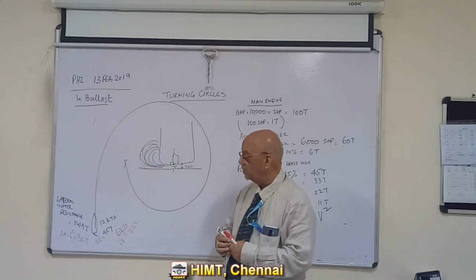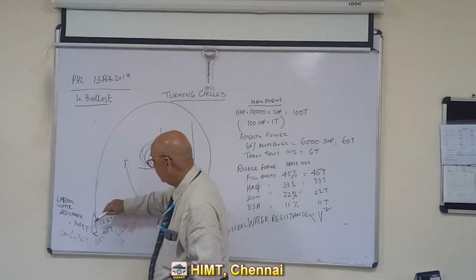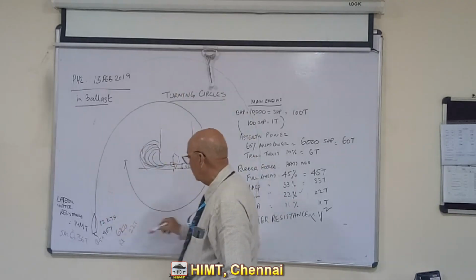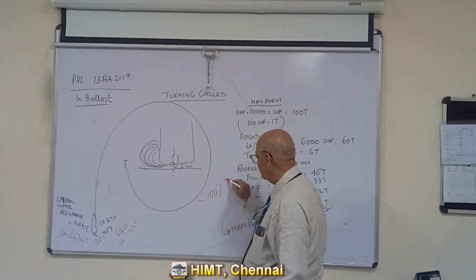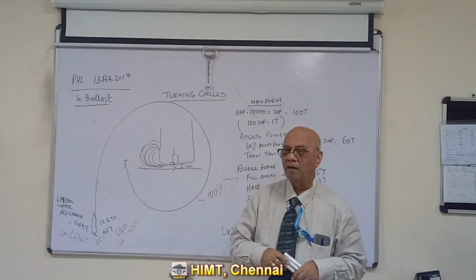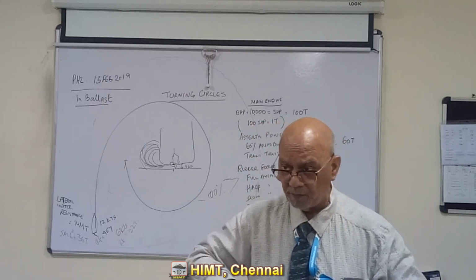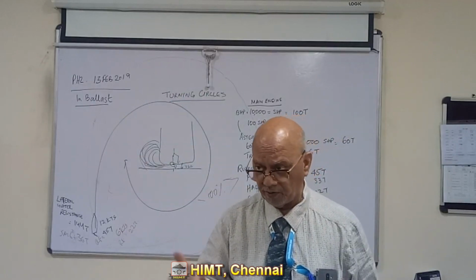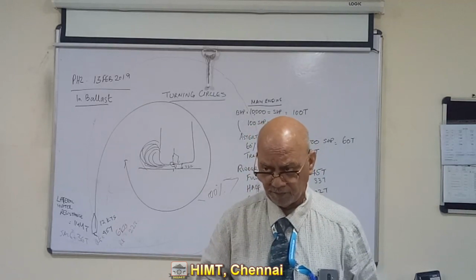So the result will be that the turning circle will become almost 100% greater. The turning circle in shallow waters will become much bigger. Advantage or disadvantage? Disadvantage.